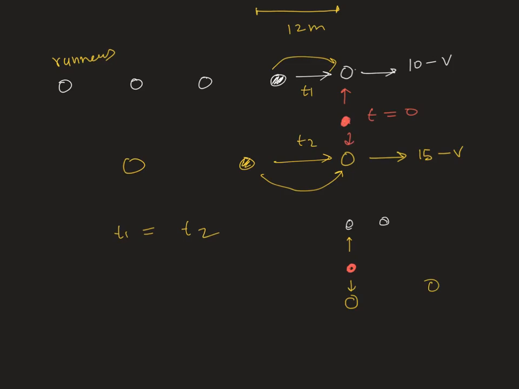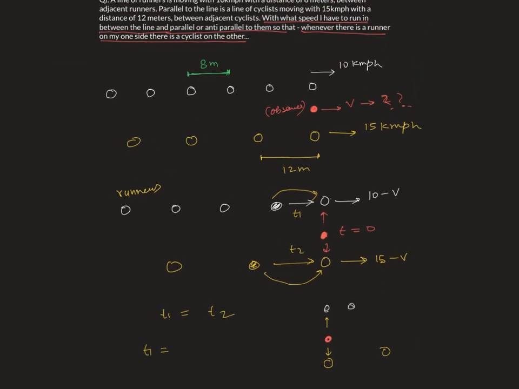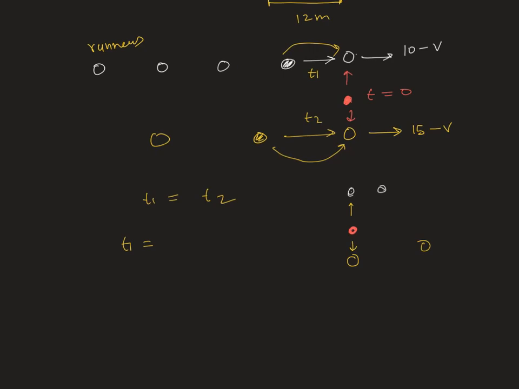So what will be t1 equals to? T1 will be equals to simply distance by speed, and you know that the distance was how much? Alright, so the distance was 8 meters here and 12 meters here. So back to our question, the distance was 8 meters divided by the relative speed, that is 10 minus v, and that is equals to t2. And how much the distance was for t2?